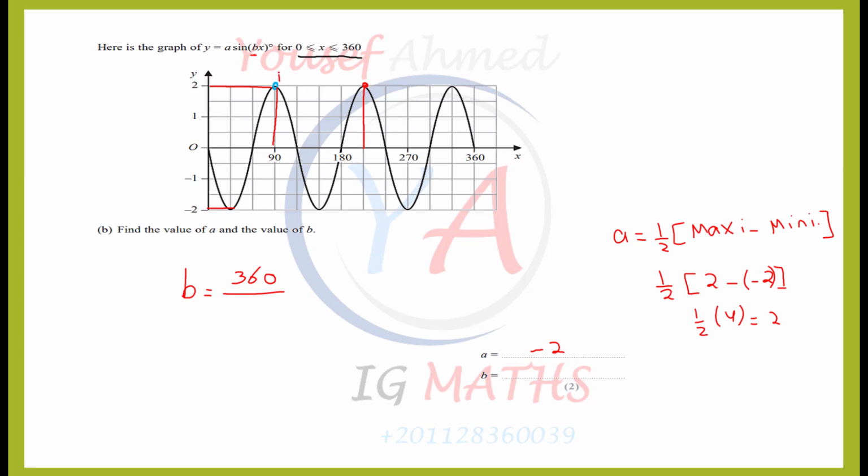Let's see the distance between them. You have 30, 60, then 90, 120, 150, 180, and then 210. So each square represents 30 degrees. So this is 210.